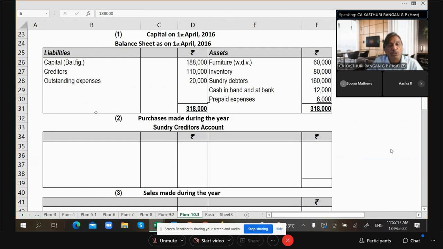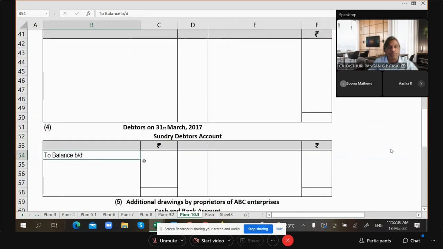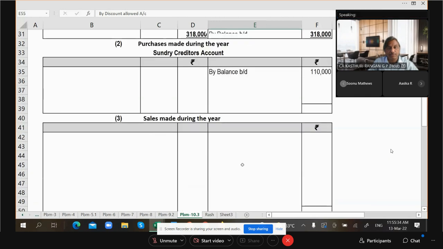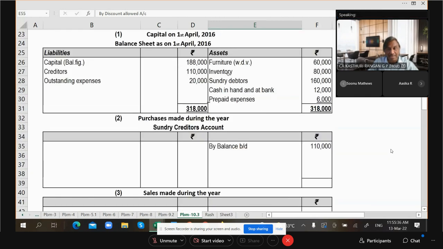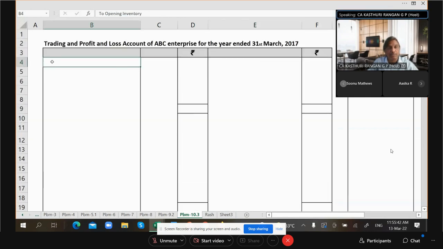Now, from this you have to put the opening balance. What is the opening balance in creditors account? By balance, 1,10,000. Then debtors account, opening balance, to balance, how much? 1,60,000. Opening inventory, you have to put it in the trading account.